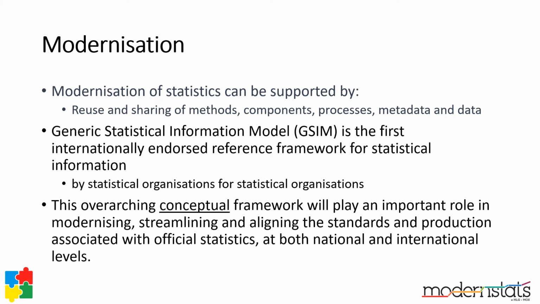We can implement parts of it, more parts of it, maybe the entire model. That's up to us, what we wish to do. But it's a reference framework because when we get together, we can talk about different parts of the framework. I'm working on the green bit. Oh, we've made a lot of progress on the blue bit. You can refer to it, and then we all have a common language for sharing experience.